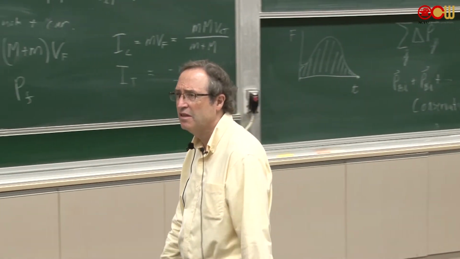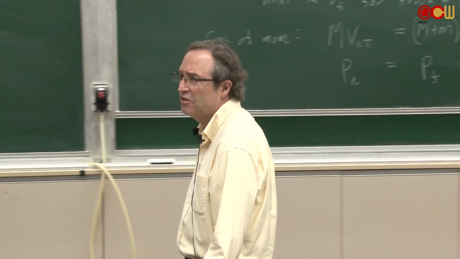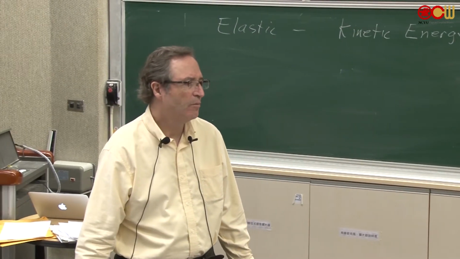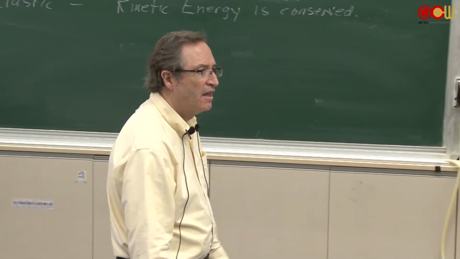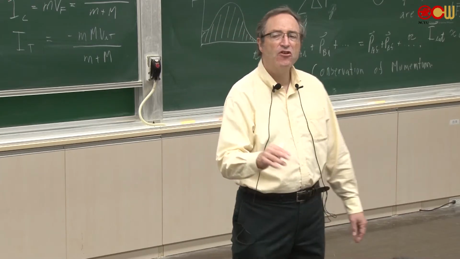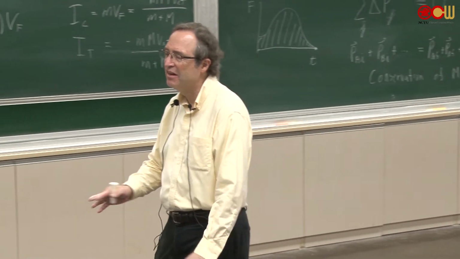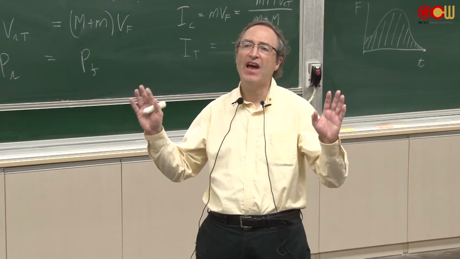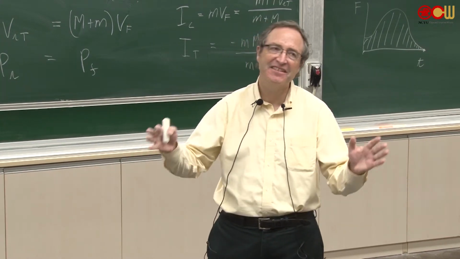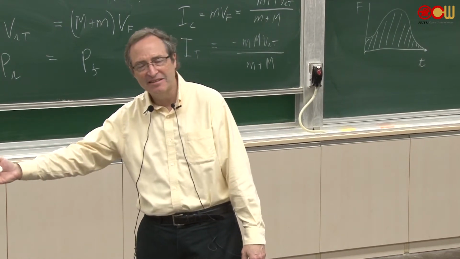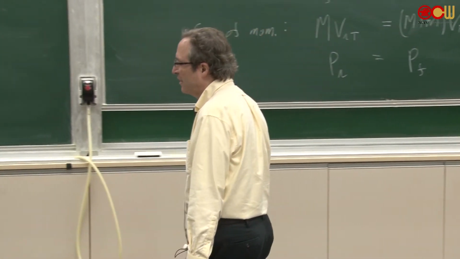So for instance, in billiards, the collision is pretty much elastic. When you hit a baseball, it's pretty much elastic. In car crashes, it's usually not elastic. Whenever two objects stick together, it is never elastic. That, in fact, is the most inelastic it can be. Inelastic, not elastic, right? Okay?